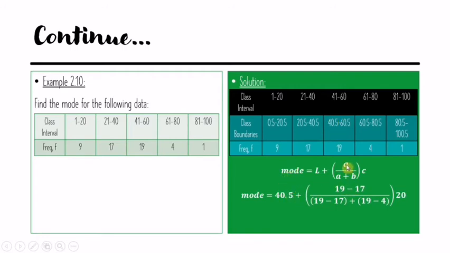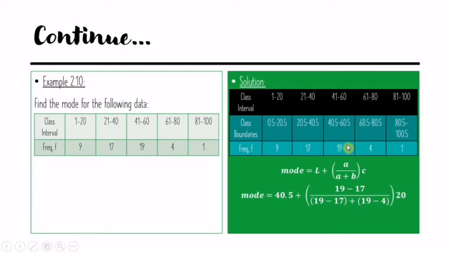A is the difference between the frequency of the modal class and the frequency of the previous class. So 19 minus 17, which is 2. A equals 2, divided by A plus B. B is the difference between the frequency of the modal class and the next class.